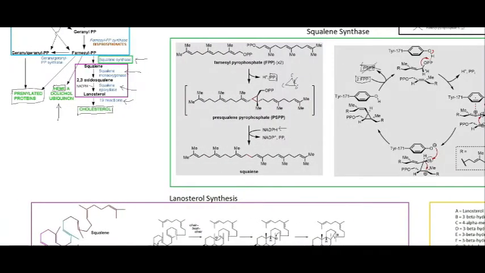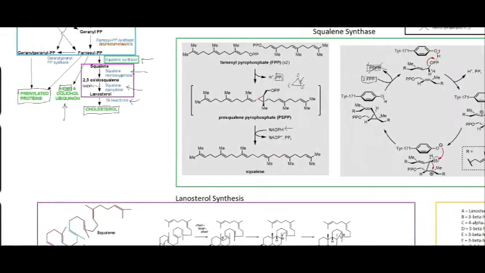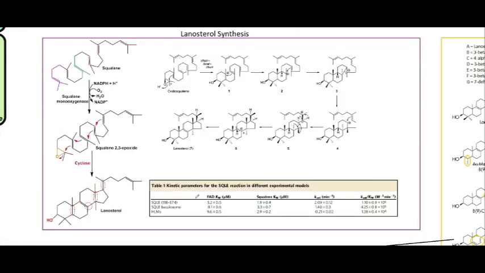So now that we have squalene, up here, we want to generate our lanosterol from that. And so I have down here this lanosterol synthesis. And this is kind of a fun reaction.